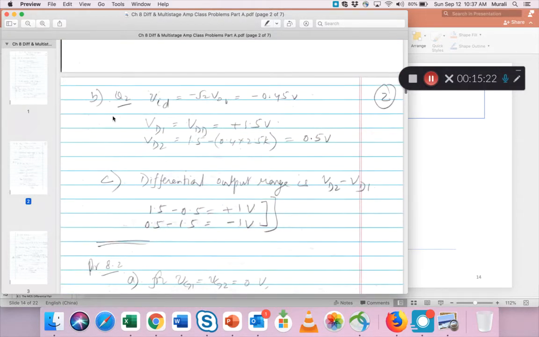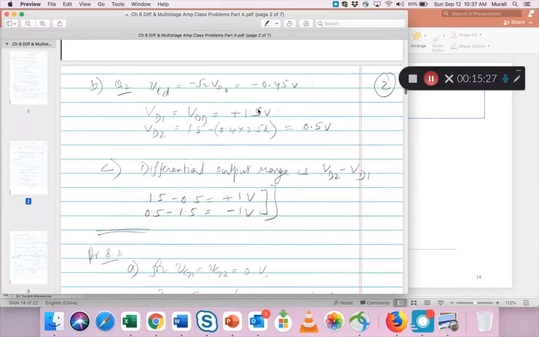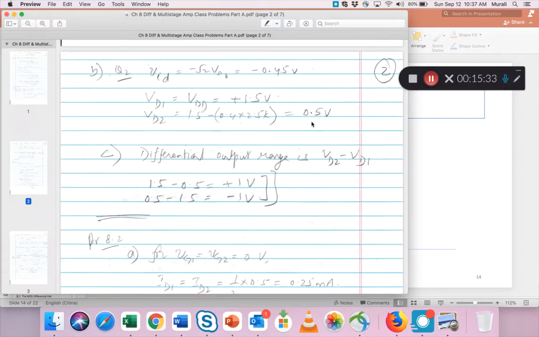In part B, only Q2 is conducting, then VD1 is 1.5 because Q1 is not conducting, and VD2 drops to 0.5.